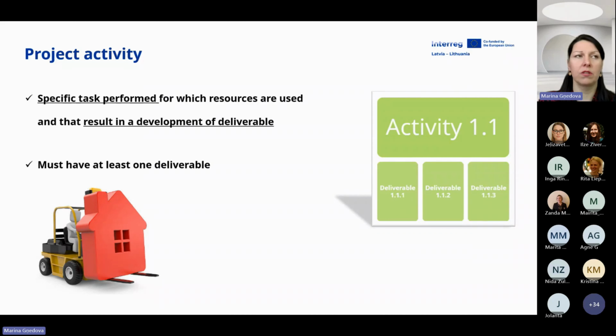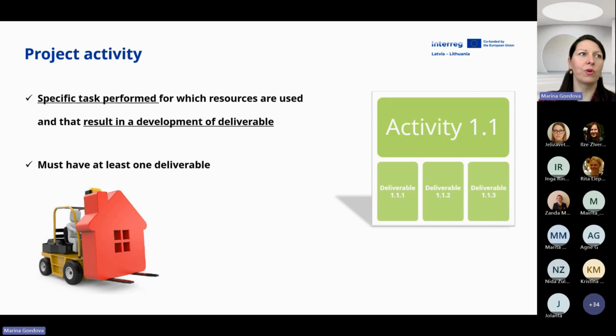Each activity must have at least one deliverable. The number of deliverables is not limited. You may have 2, 5 or more, but again, please don't have a lot. Check the structure of your work package. If needed, you can have more activities with deliverables rather than, I don't know, 2 activities with 10, 15 deliverables after each.